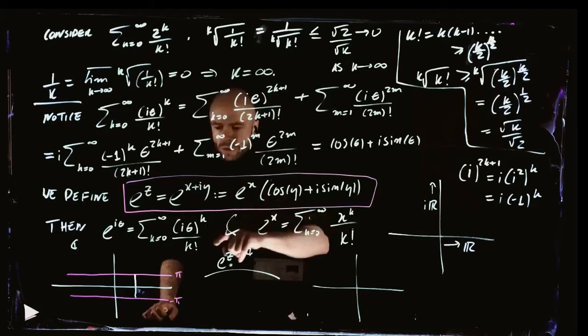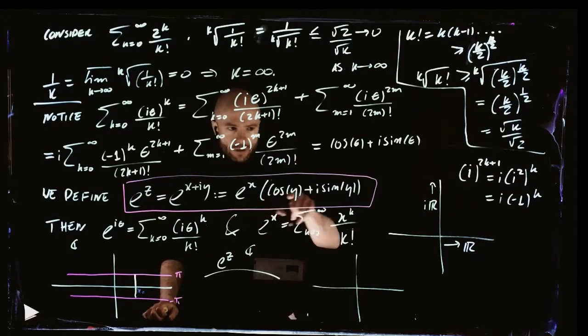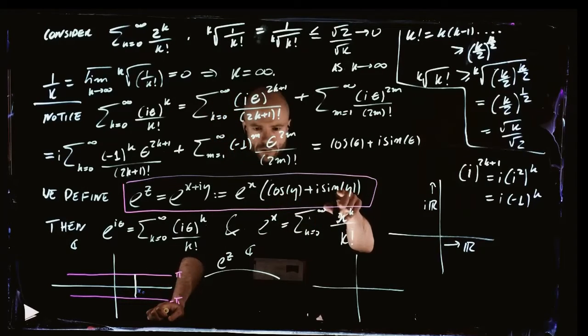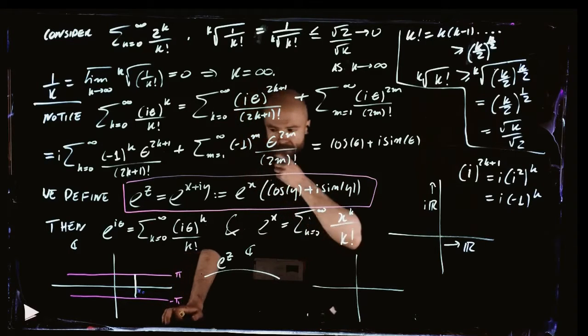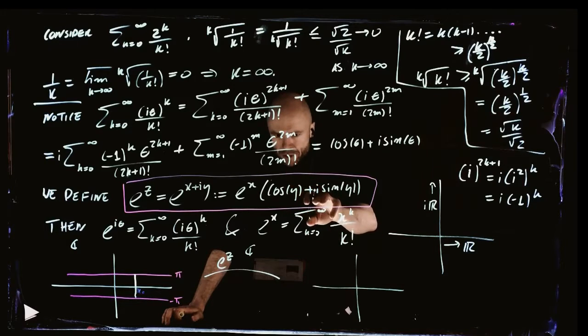So if we do that, then the y is changing, going from minus pi to pi, but the x is remaining fixed, right?